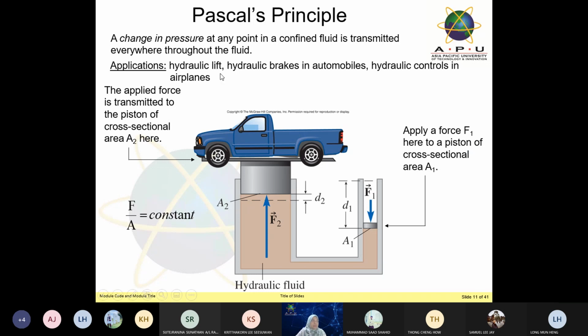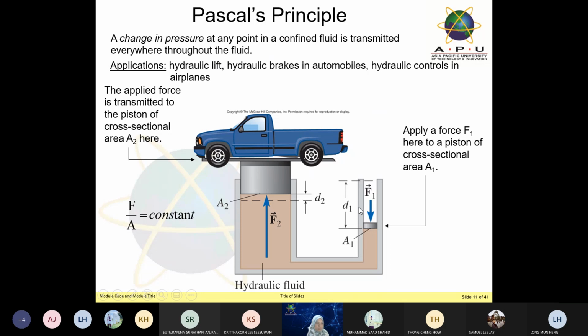Okay. So hydraulic lift. Hydraulic lift is here. So for example, you apply force to the F1, it will go to the F2 here to lift up this vehicle. The applied force is transmitted to the piston of cross-sectional area A2 here. So A2 here is P equal to F per A also.